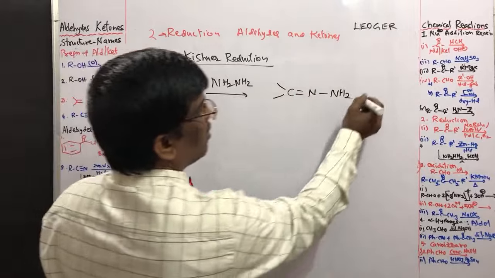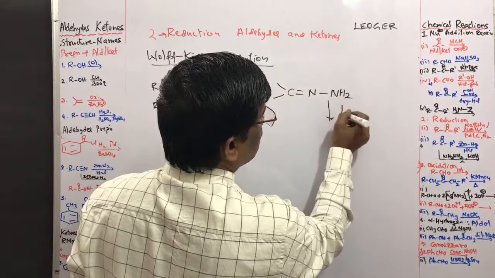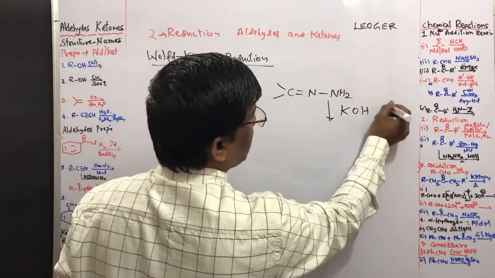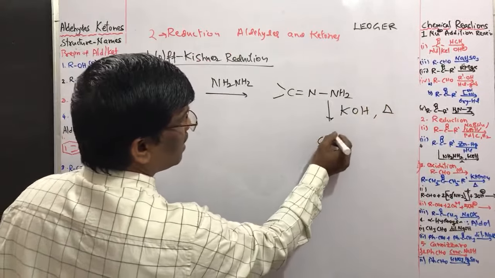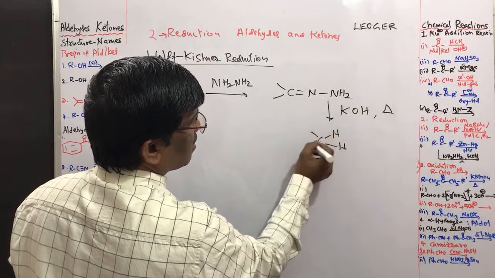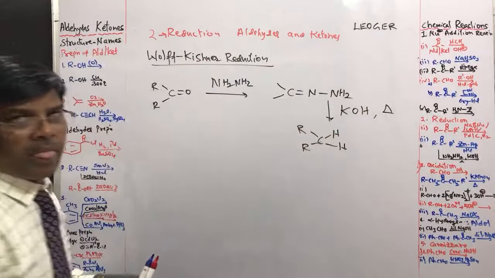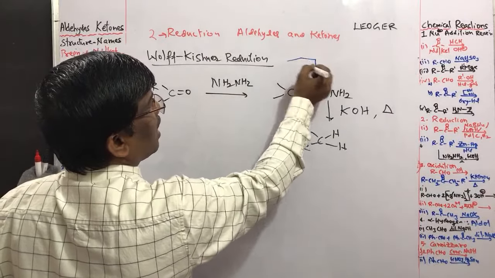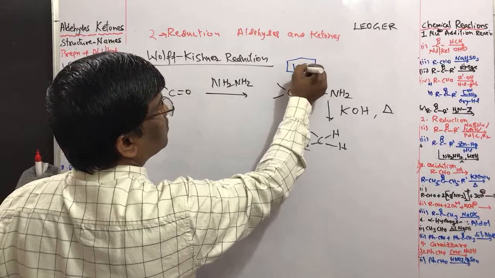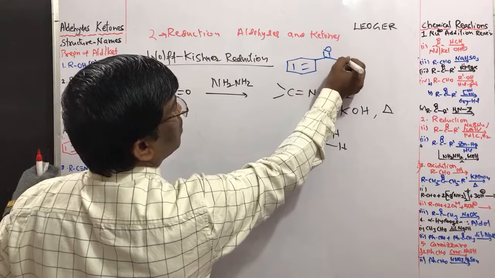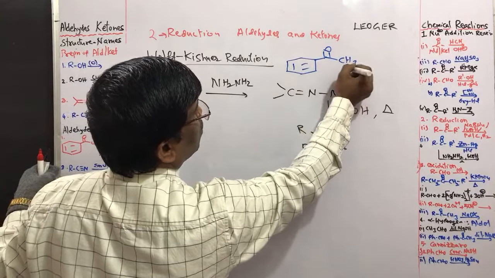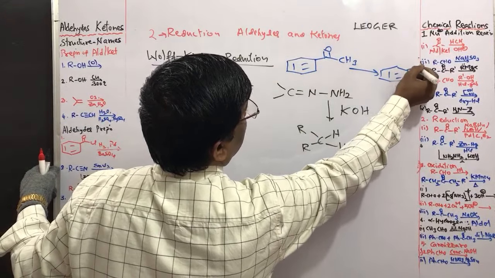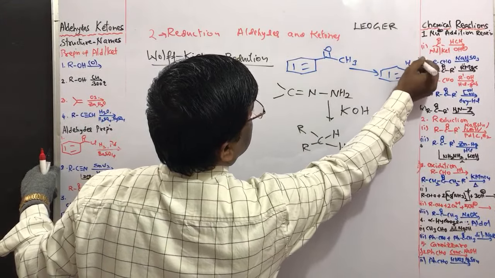When I treat this hydrazone with KOH, base, and heat, I get the alkane. For example, acetophenone to ethylbenzene, I can do with this reagent.